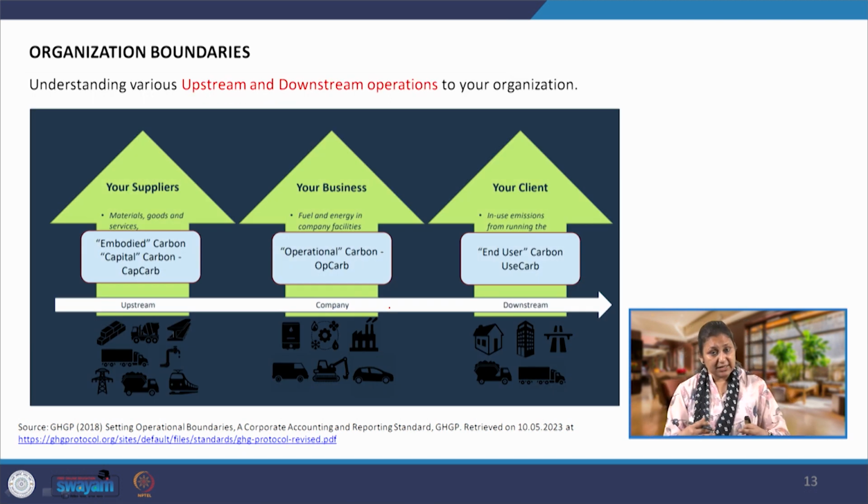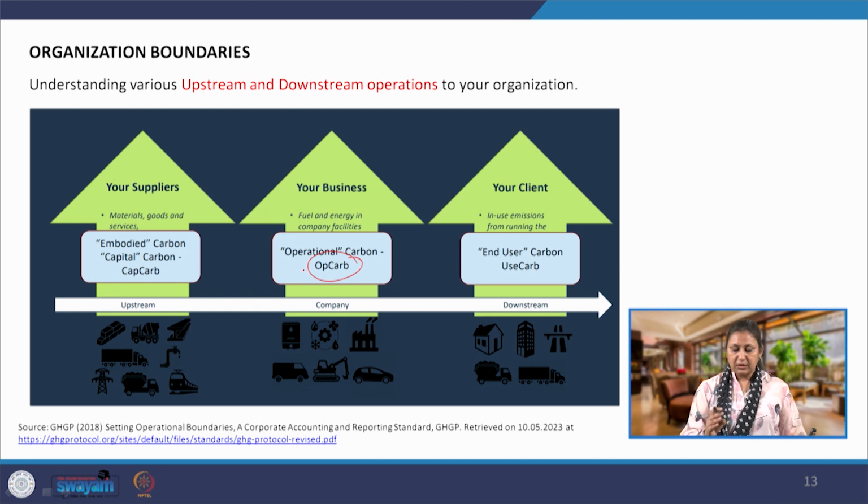Now, when we are deciding this organizational boundary, we have to understand the entire value chain, and this is the first task that we have to start with, understanding the organization. So, we will have the operations of the company, which are present here. We have to understand the operational carbon, or the emissions accruing from operations, which is known as OpCarb. We have the upstream and downstream operations.